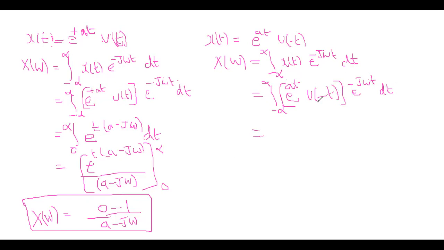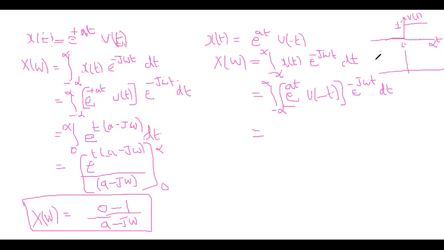Now, you see mu of minus t means a folded function. So mu of t looks like this: 1 is the magnitude for mu of t, from 0 to infinity the t varies, the magnitude is 1, and remaining it is 0.